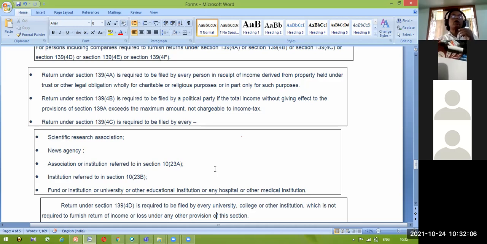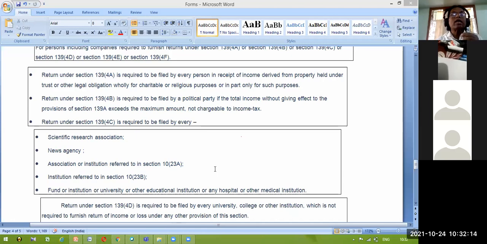But we should know what is section 139(4A), what is section 139(4B), like political party, and what is 139(4C). It covers a scientific research association, news agency, like the Assam Tribune. So these types of news agencies are there. You know what news agencies and news channels are.